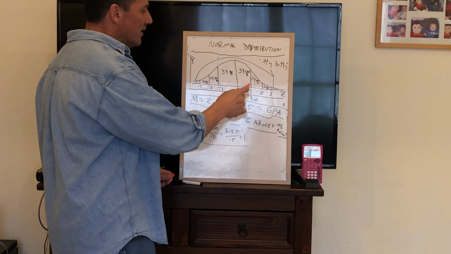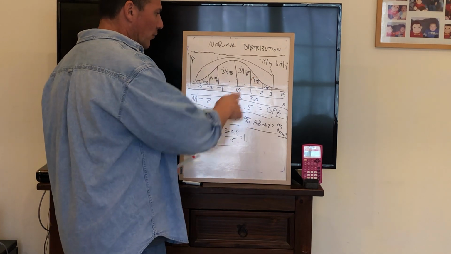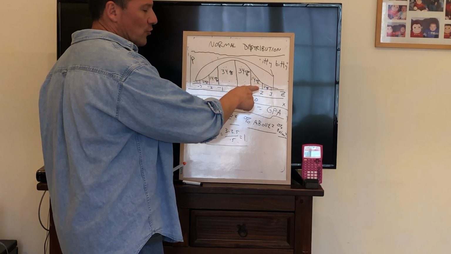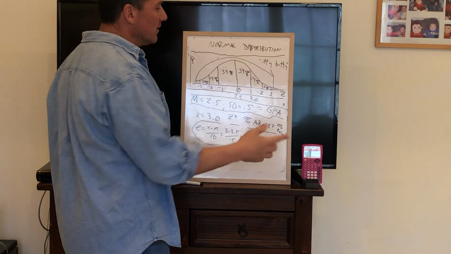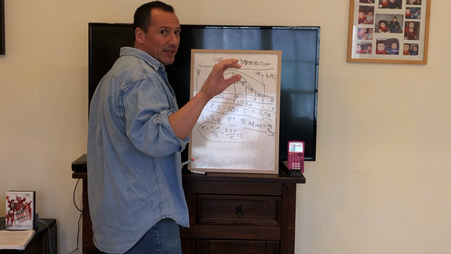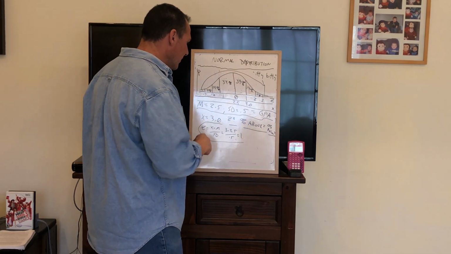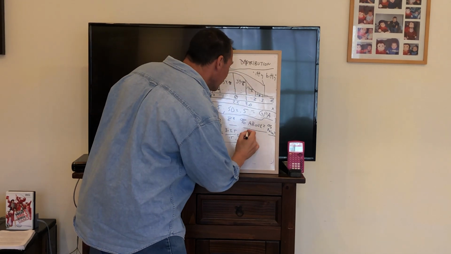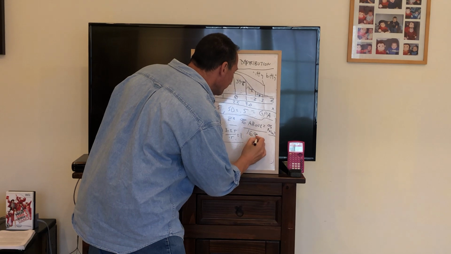So everything above it is 14% plus 2%, which is 16%, plus this bit, which is how much again? Itty bitty, so don't even worry about it. So the percentage above is 16%.